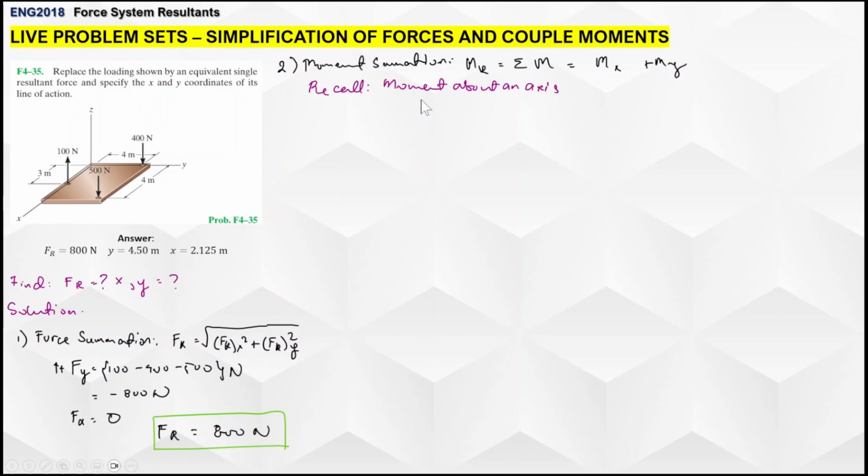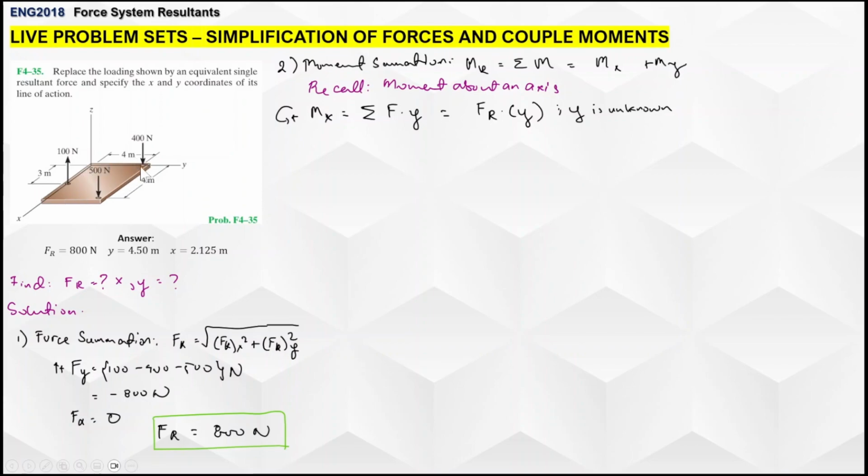In this case, we're going to get the moment about the x-axis and the moment about the y-axis to get our x and y coordinates of its line of action. Mx is basically the summation of all the forces times their perpendicular distance, which is the y. So we're rotating about the x-axis, and our perpendicular distance is our distance y relative to our rotating axis.